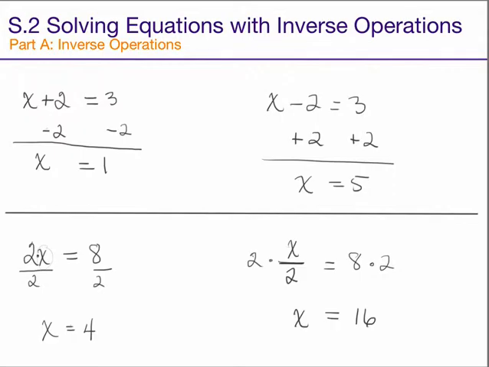So there's an example of 4 basic equations, each one with one of the basic operations: addition, subtraction, multiplication, and division, solved by using the inverse of the operation in the problem.